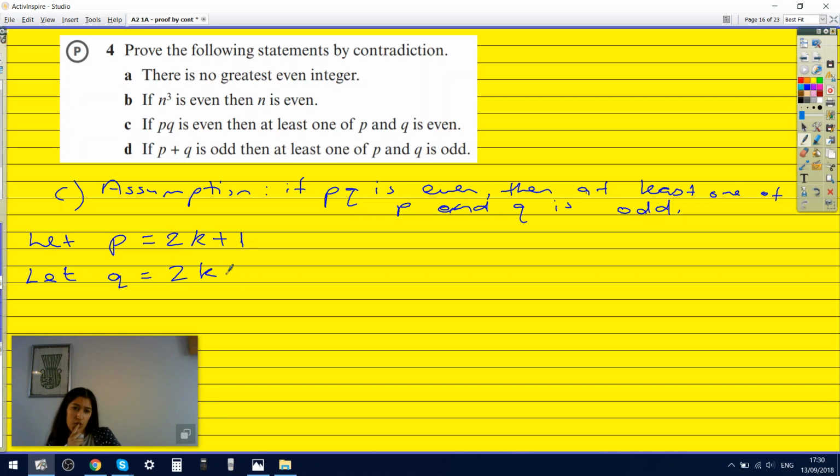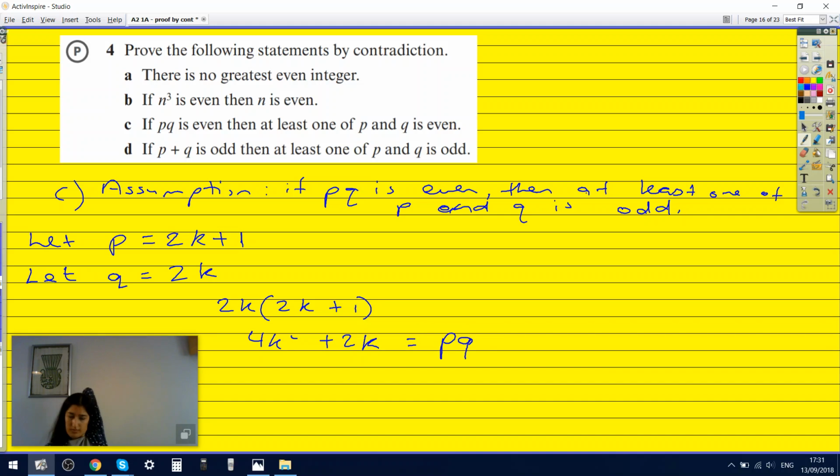Okay, so 2k times 2k plus 1. Not so fast. 2k plus 1. Then just work that out. So that would be if it was the exact same odd number. So let's just work that out first. Okay, so 4k squared plus 2k equals PQ.